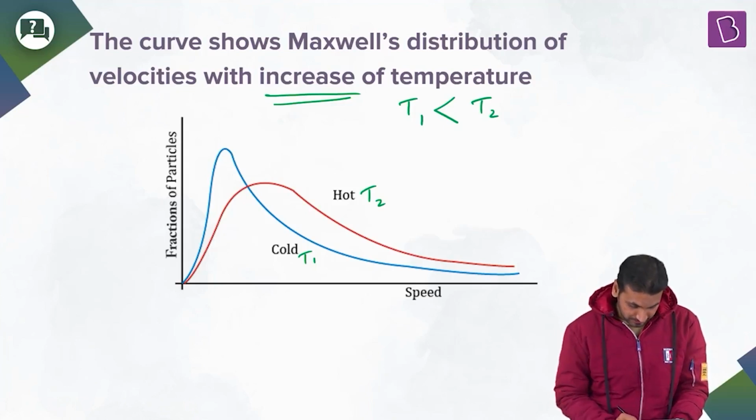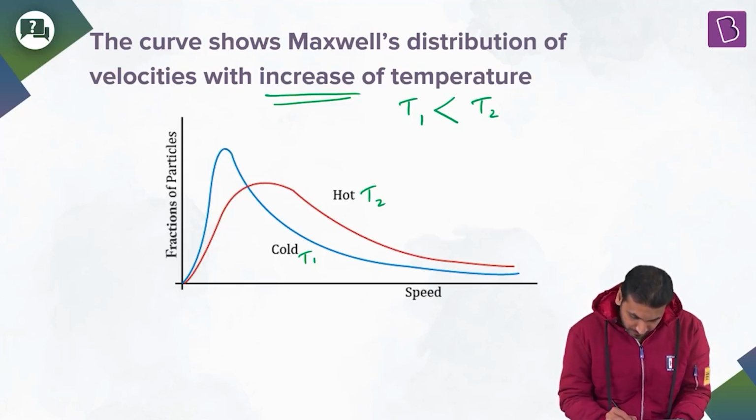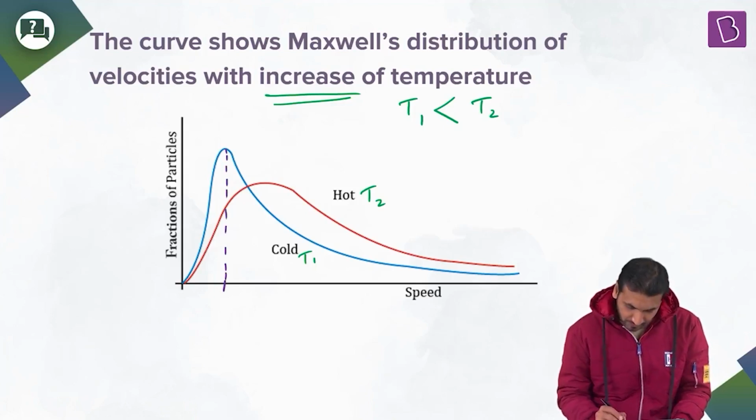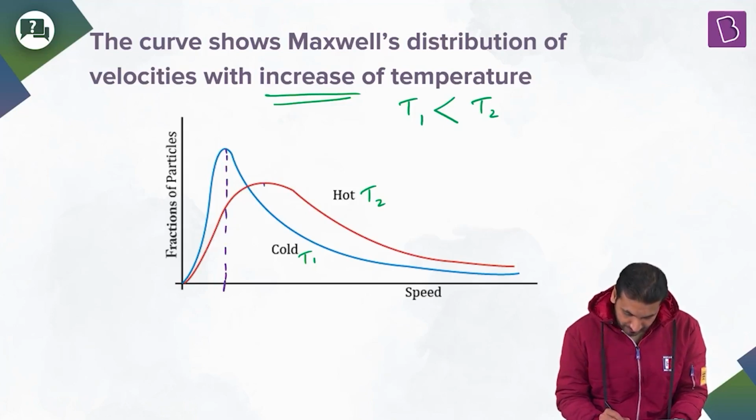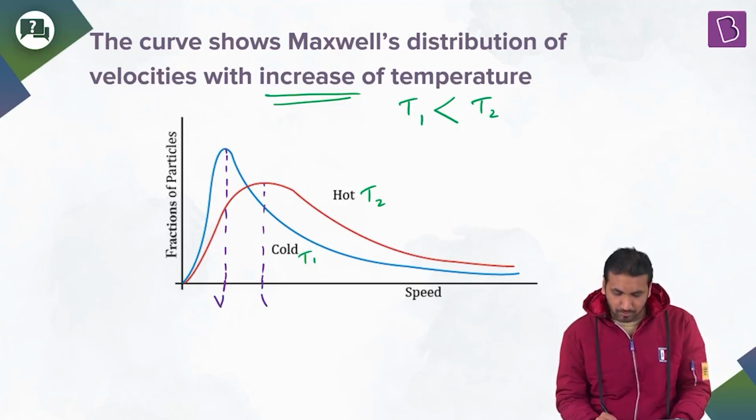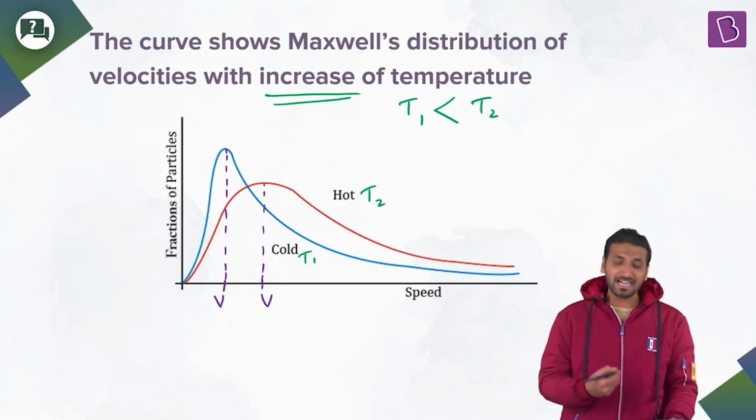If you observe this point, and for this hot graph, this point, these are the most probable velocities for hot and cold.